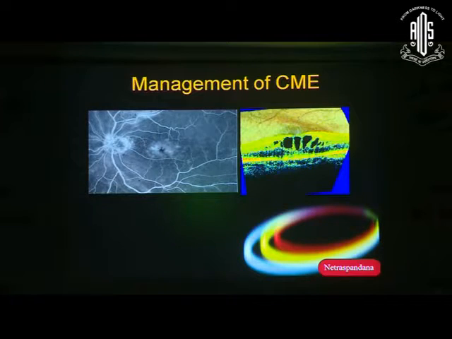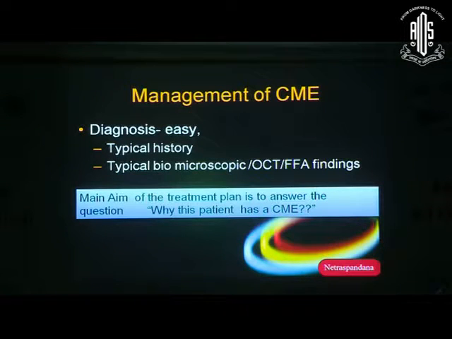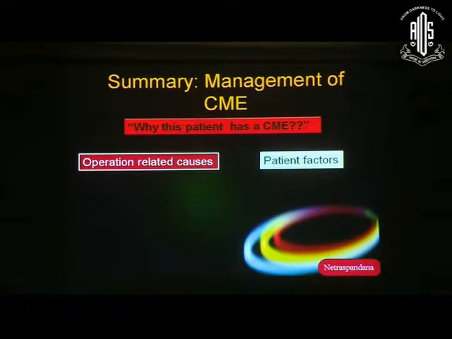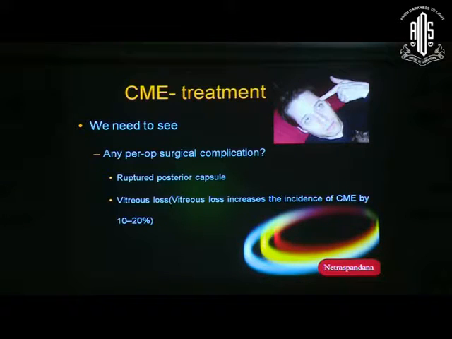Coming to the management of CME, well, the diagnosis is easy, but the main aim of the treatment is to answer this question: why does this patient have a CME? So the causes could be operation-related, or it could be patient factors. So let us look at what are the per-op surgical complications that one can have.